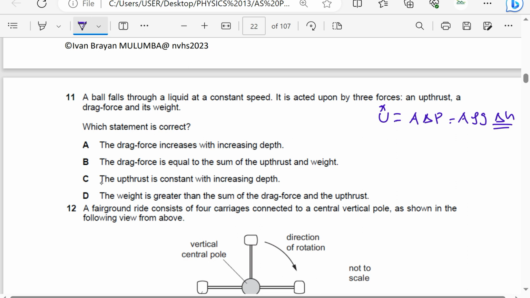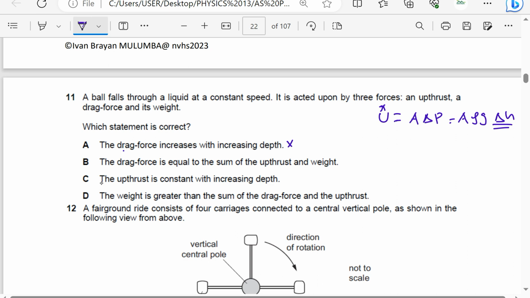But if the speed is constant, then the drag force also will remain constant because the drag force depends on the speed. Friction, or resistance in a medium, depends on the speed, just like air resistance increases as you speed up.